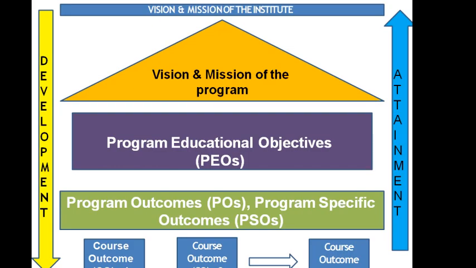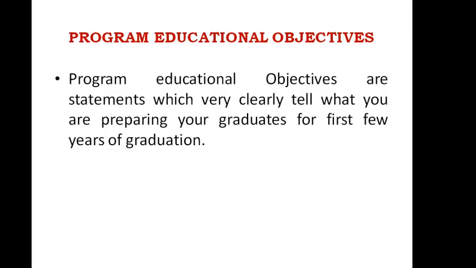I'll explain this clearly in detail in the coming slides. So let us move to the program educational objectives. What are these program educational objectives? In general, a program means BTech civil engineering, mechanical engineering, communication engineering, electronics engineering, like this. These are the programs. In this program we are offering a curriculum, extra curriculum and co-curriculum, and we put all together to make one program.